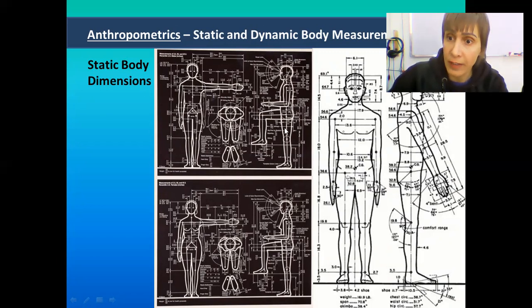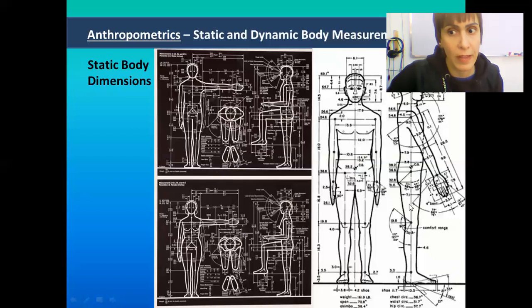In anthropometric data, as we said, when you open, for example, books about anthropometrics, you will always find static body dimensions and dynamic body dimensions. Now, static means these are examples of static body dimensions. It also has angles here.